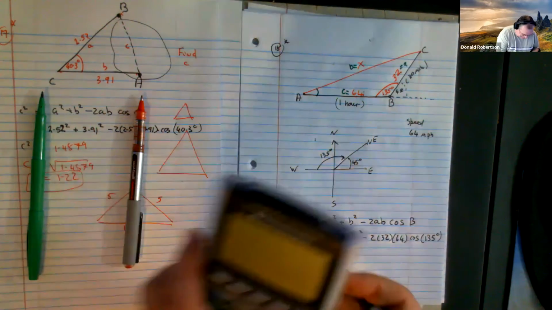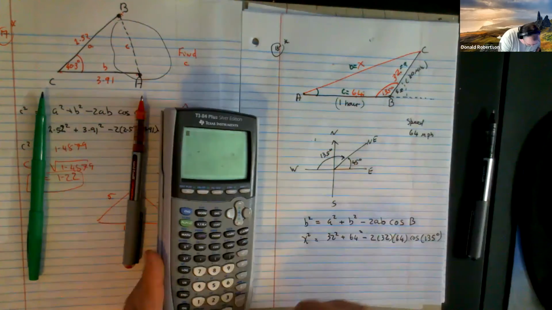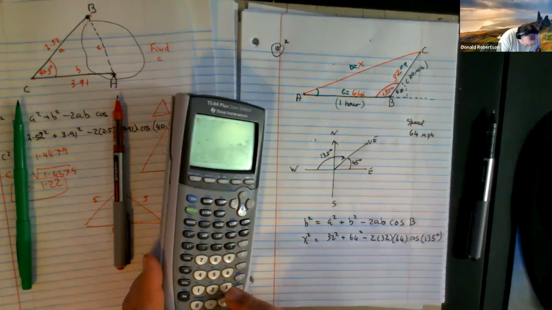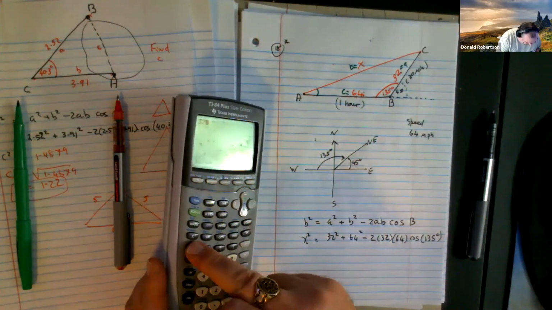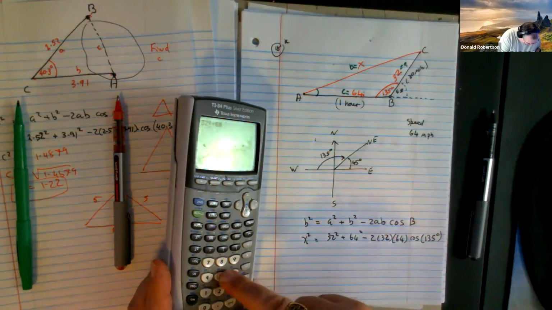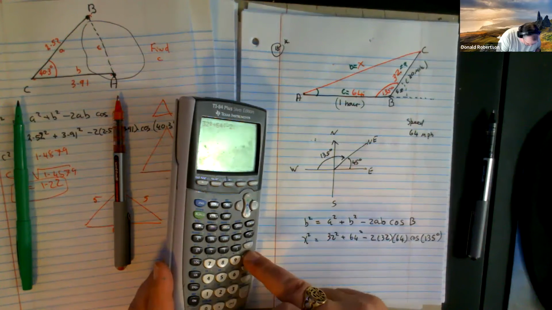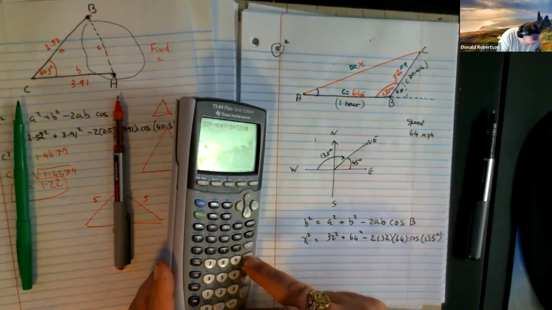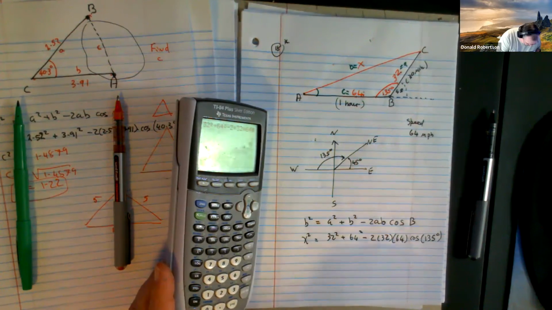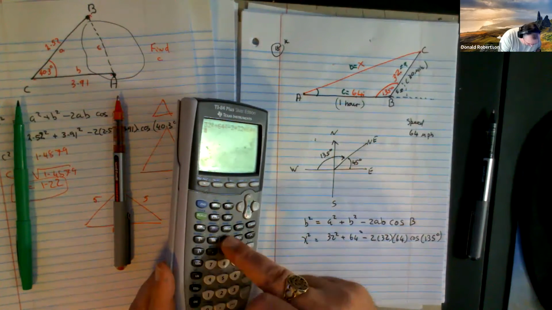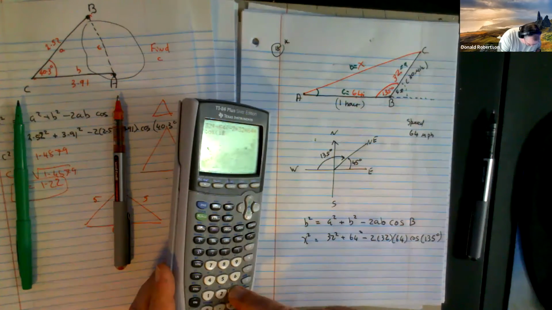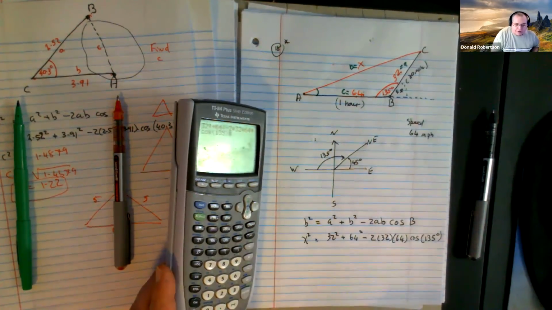Now on the calculator, being extra careful this time, 32 squared, add 64 squared, take away 2 times 32 times 64 times a cosine of 135. Does that look good?